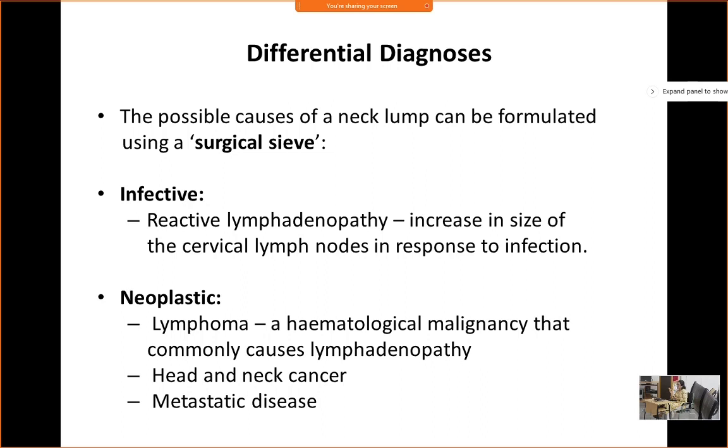Just a simple sign, like one node is elastic and one node is hard, gives you a clear indication that a hard node is more in favor of a malignancy, whereas elastic nodes might be due to tuberculosis or any other benign condition. Then another neoplastic differential diagnosis is head and neck carcinoma, then any metastatic disease. This is in fact one of the commonest metastatic diseases due to a primary elsewhere in the body.